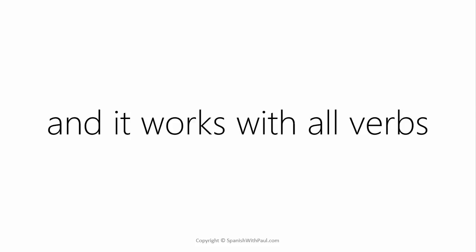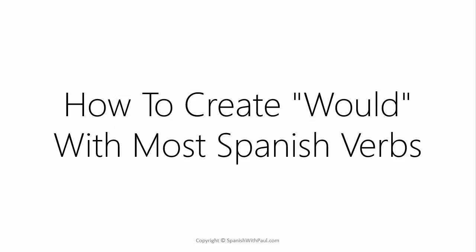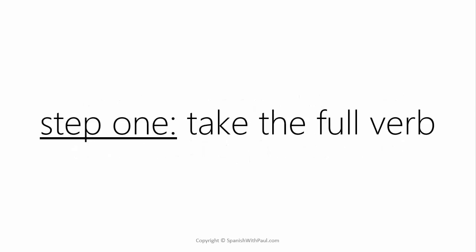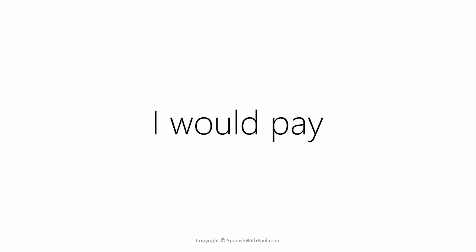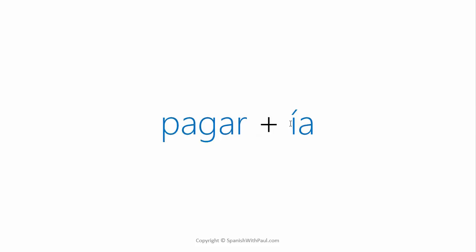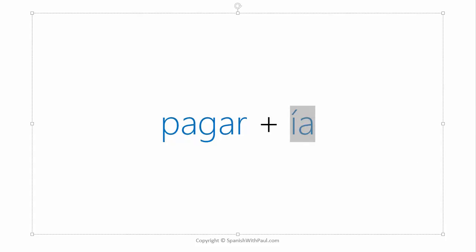So let's go into how to create this would tense with most Spanish verbs. The first step is that you take the full verb, the infinitive. So for example, we could have pagar, to pay. Now to express I would pay, again you take that full verb and you add this ia onto the end of it.